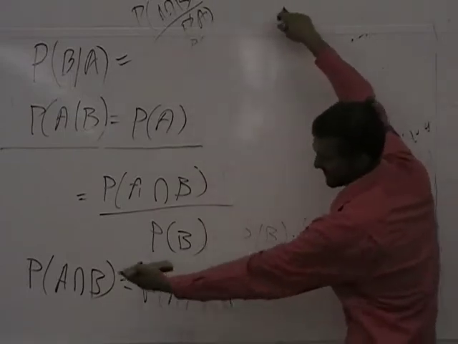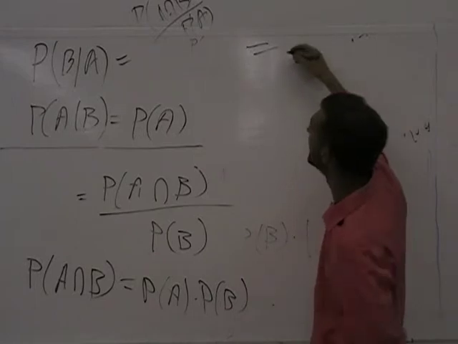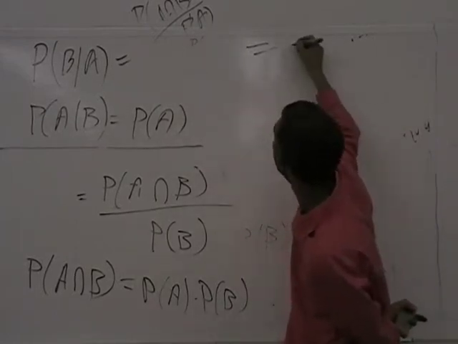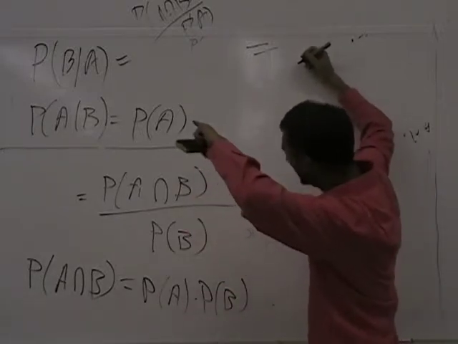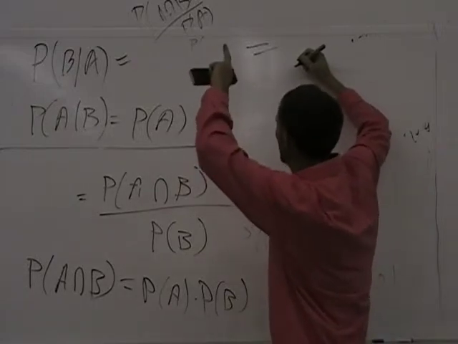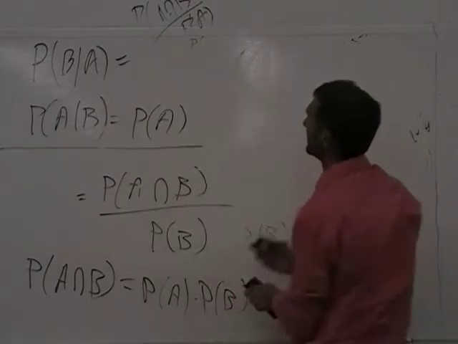So I can't just go down to the intersection like I did here and say this equals that, B, A. Oh, no, because I'm not assuming that.